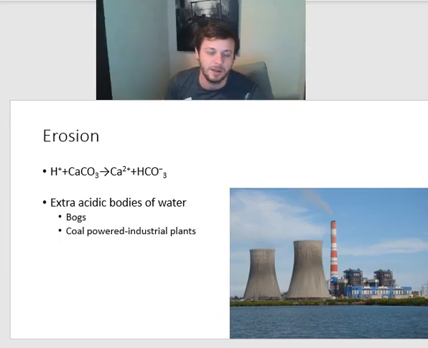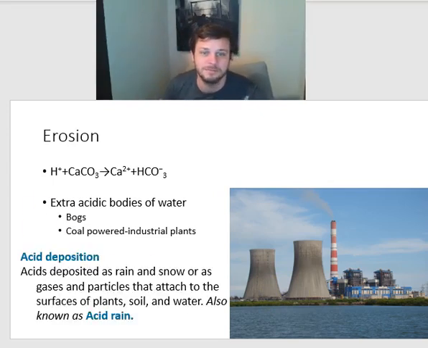They produce sulfur dioxide and nitrogen dioxide, and so they can form stuff like nitric acid or sulfuric acid. And for a while, this was a big deal. This created something known as acid rain, what we now call acid deposition.